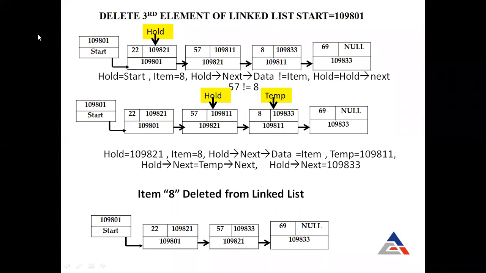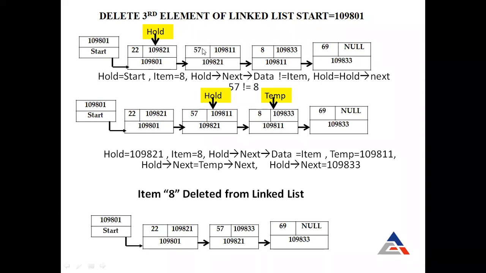So this is how the algorithm works, how it finds the location, and how the temporary variables hold and temp help us to find the location and help us to change the address of the previous node of the deleted node. Okay, deletion of an element in the linked list is not a single process. In the first stage, I start searching the element.